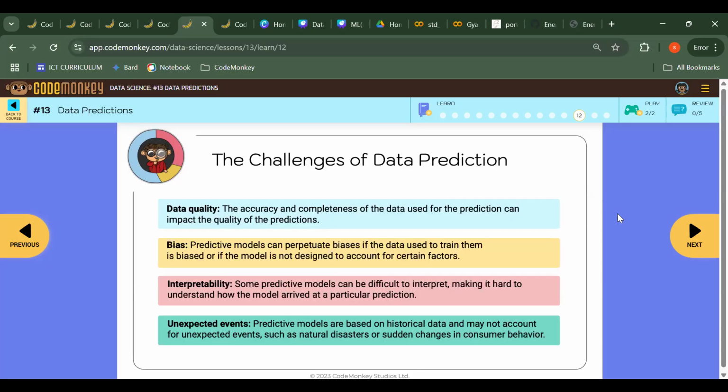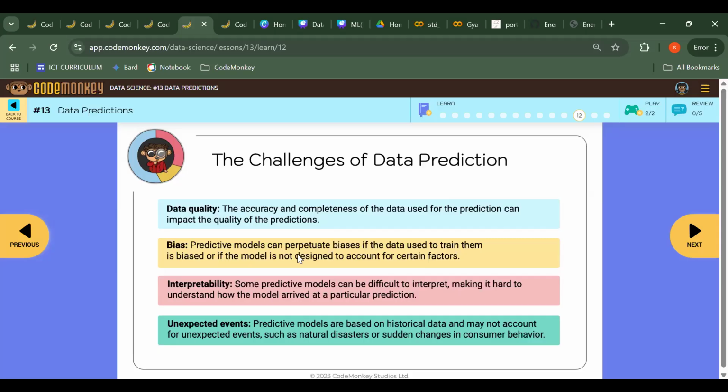And bias: if your information is fair, the predictive model can do well. If I give an example, if you are trying to guess what toys kids like, what your friends like, but you only ask boys what toys they like, you might miss out on what girls like.